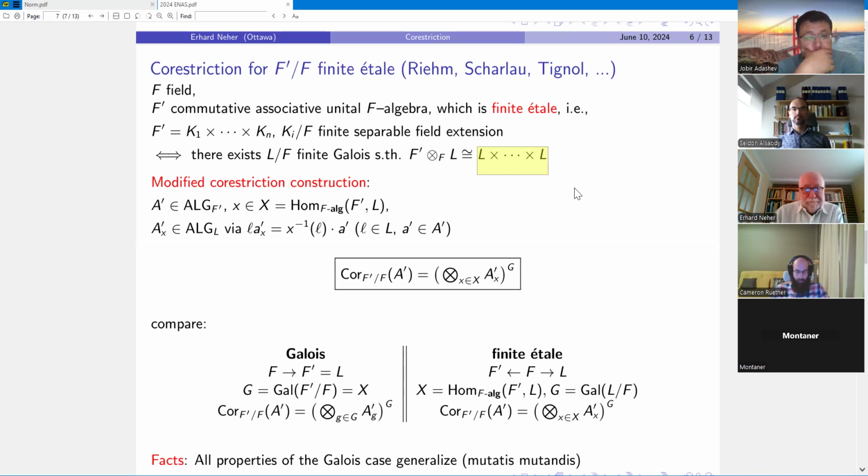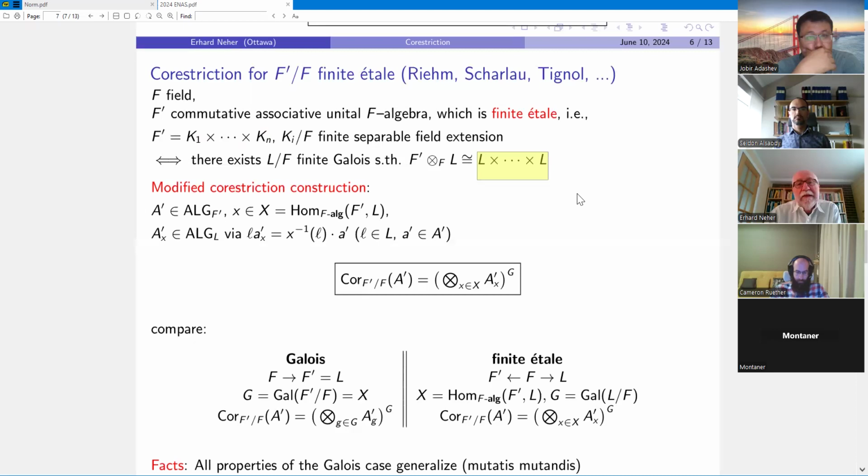Now, we can then easily modify the corestriction construction as follows. As before, we take an A prime in our category of objects over F prime.